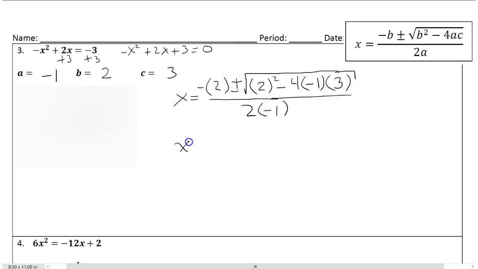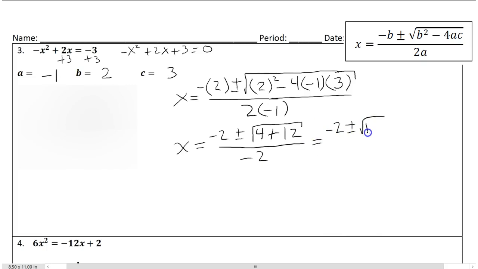Now simplify. X equals -2 plus or minus the square root of 4 plus 12 all over -2. This turns into -2 plus or minus the square root of 16 over -2, which is -2 plus or minus 4 over -2.